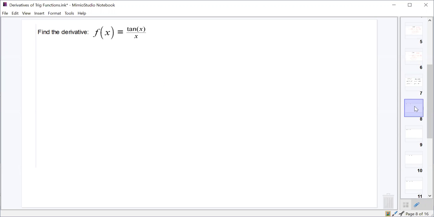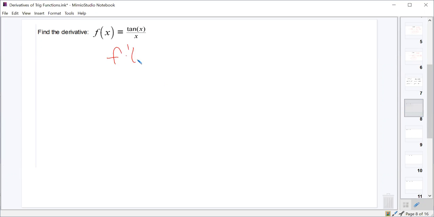Finding the derivative of tangent x over x. How will we go about this? We could use the quotient rule. Exactly.